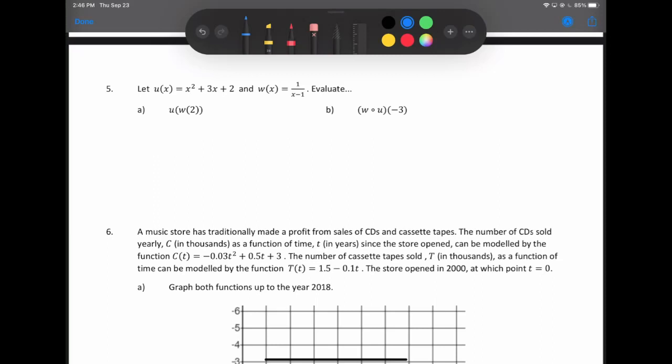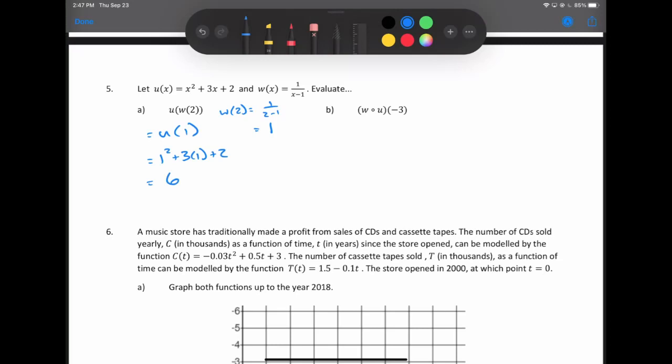You could actually work out w at 2 first, which is what I would do. w at 2 is just 1 over 2 minus 1, which is 1 over 1, which is 1. So then this is just equal to u at 1. And now I plug in 1 and I get 1 squared plus 3 times 1 plus 2. And that's just going to be 3, 4, 5, 6.